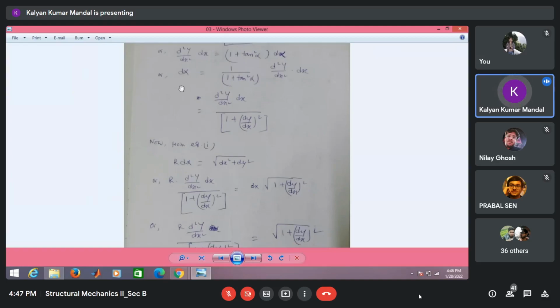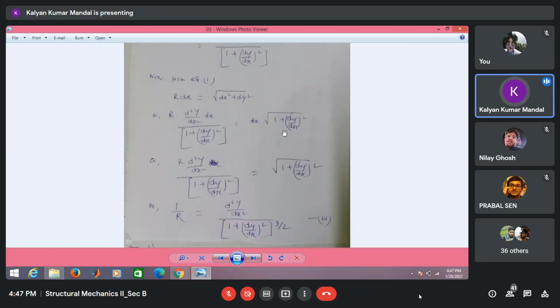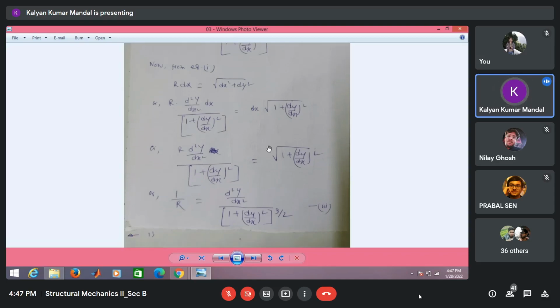Just put the value of d alpha in this expression: r into d2y/dx2 dx divided by 1 plus (dy/dx) whole square is equal to dx root under 1 plus (dy/dx) square. So r d2y/dx2 divided by 1 plus (dy/dx) whole square is equal to root under 1 plus (dy/dx) whole square, or 1 by r is equal to d2y/dx2 divided by 1 plus (dy/dx) whole square, whole to the power 3 by 2.